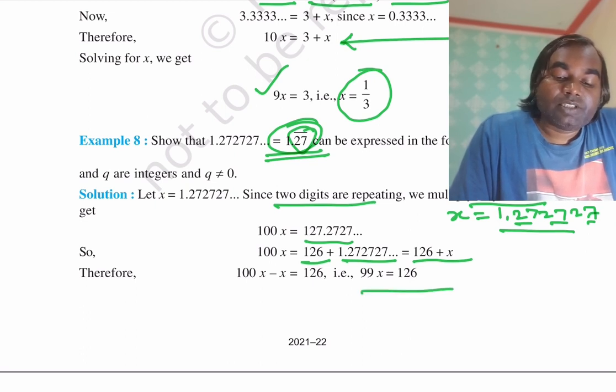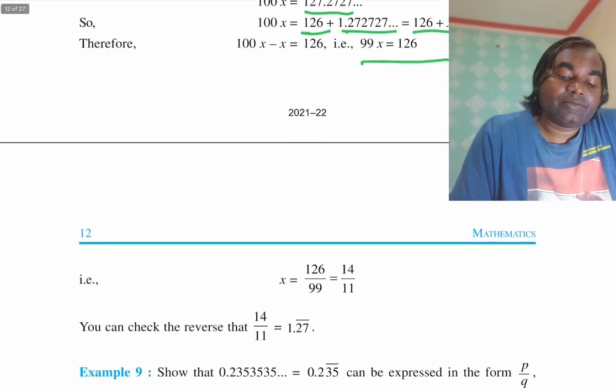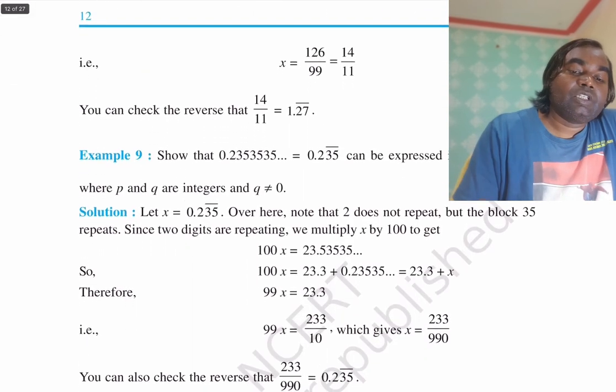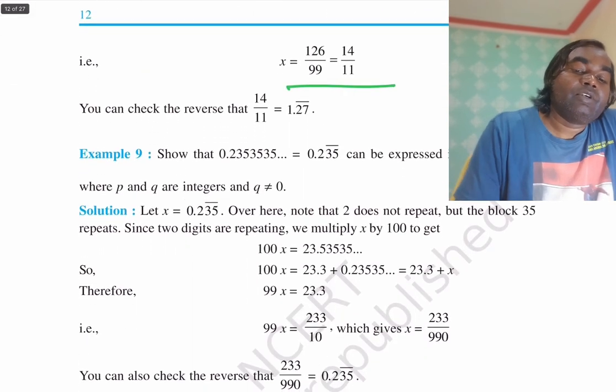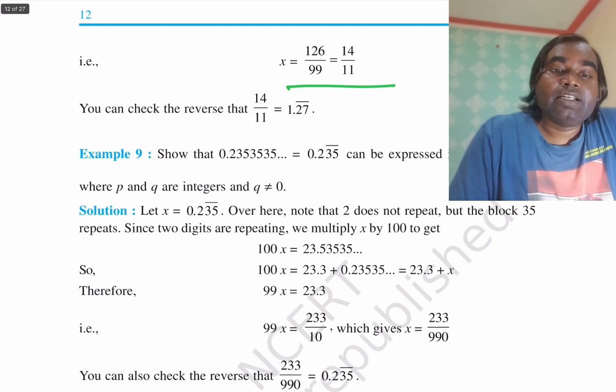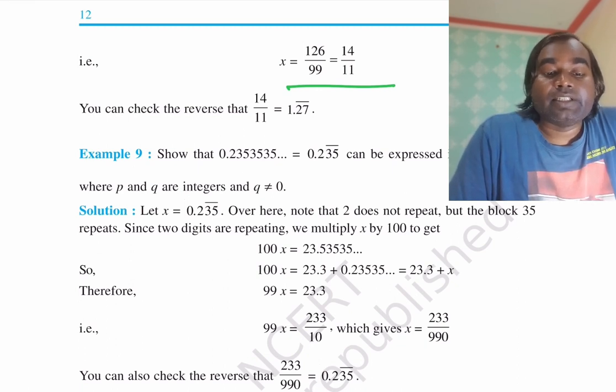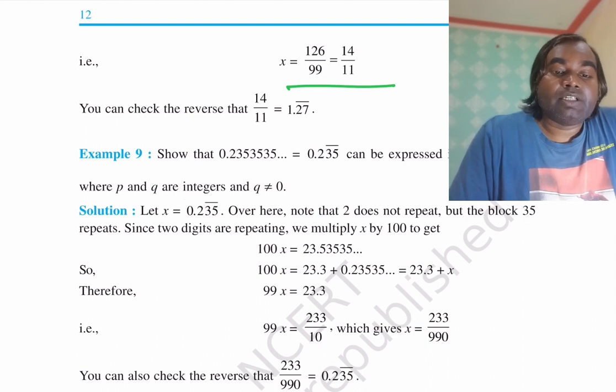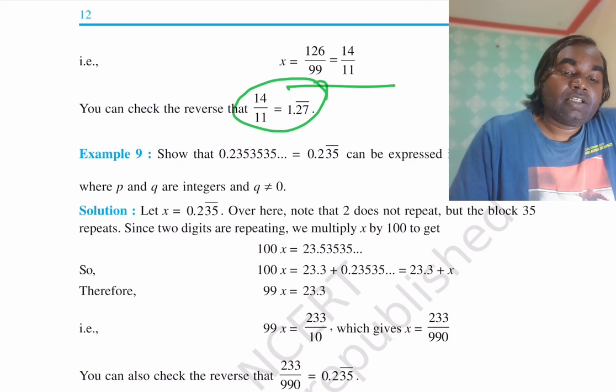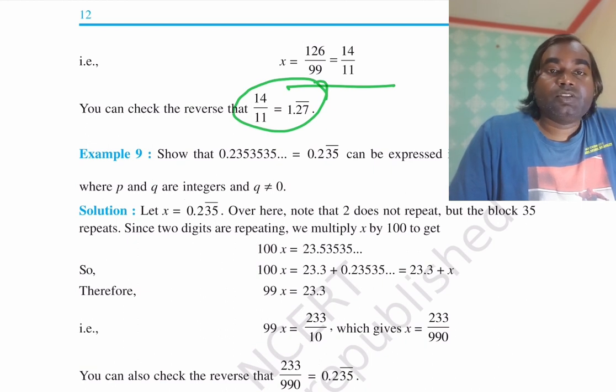So you solve this for x. So x will come out as 126 divided by 99, that means 14 by 11. What we do is divide both numerator and denominator by 9. So ultimately we get the format of the p by q ratio.